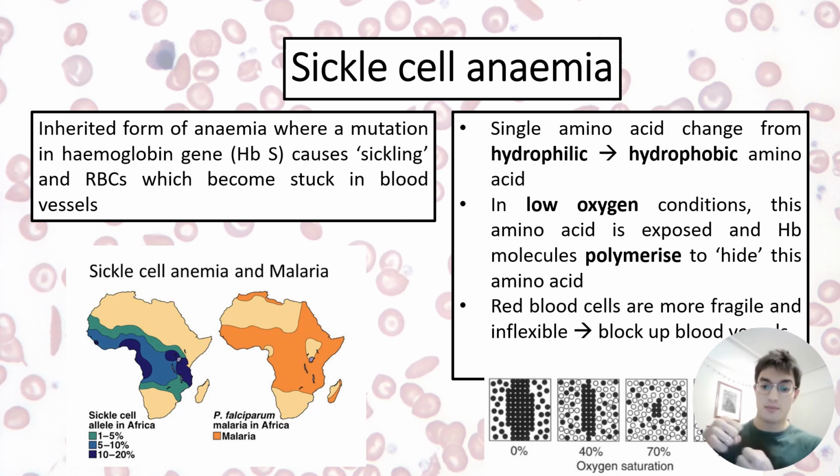They form these big long stacks on top of each other in an attempt to almost hide these hydrophobic amino acids. And as a result, we get these very long rods, crystallized hemoglobin proteins, which change the shape of the cell. They cause the sickling. They make them fragile, inflexible, and it causes blockages of blood vessels.